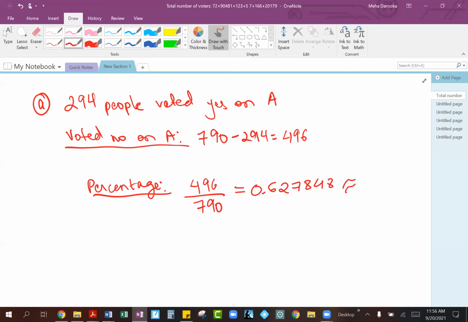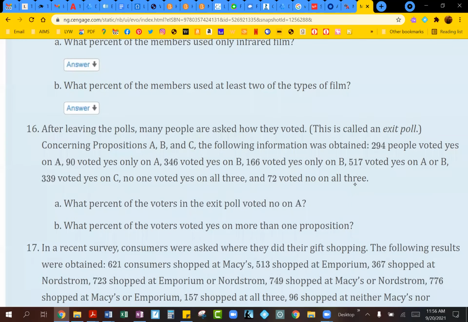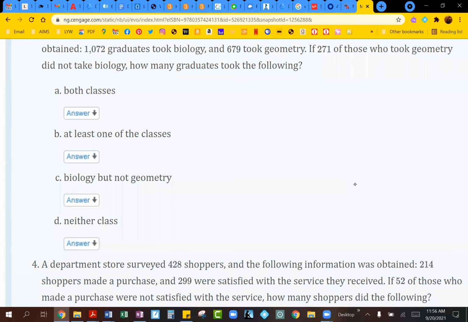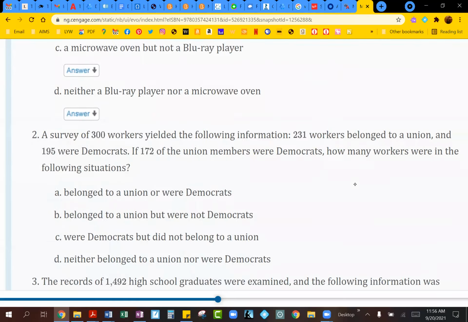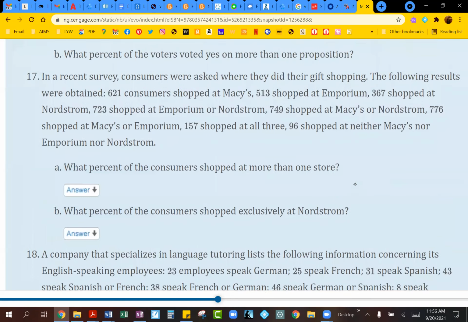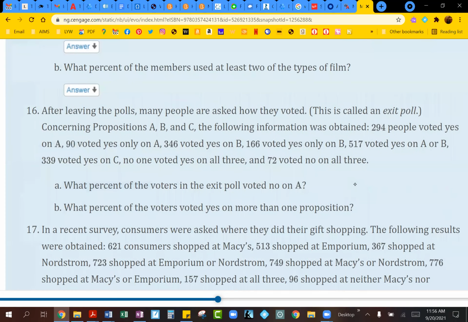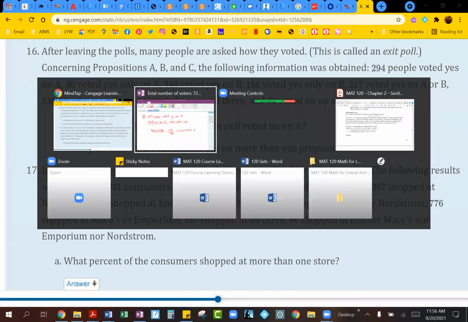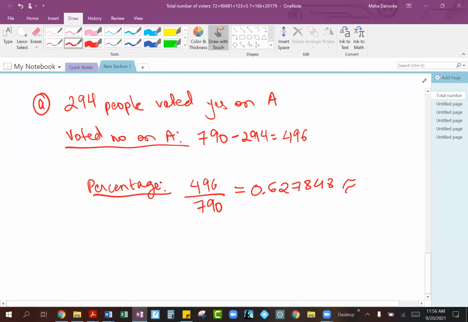So to convert this into a percentage, let's see, did they give us any rounding rules here? Not really. Well, let's just go ahead and do 1 decimal place, and then you can see if there are any specific rounding instructions in your homework assignment. So if we want to go to 1 decimal place, first thing we'll have to do is convert this to a percent from a decimal.